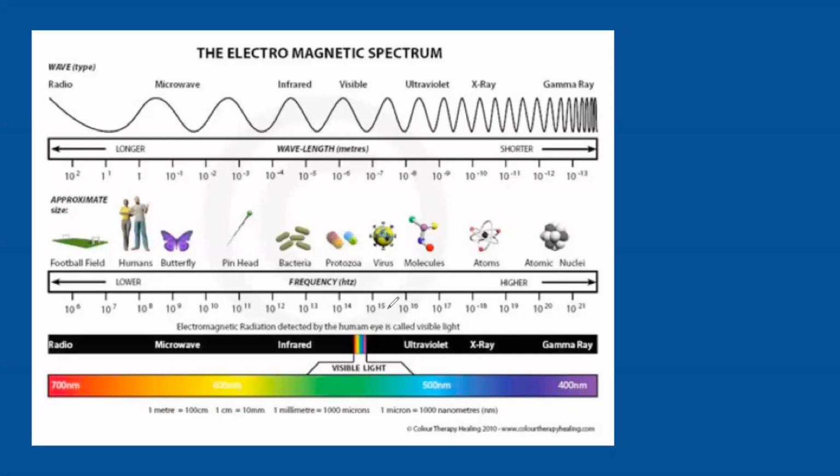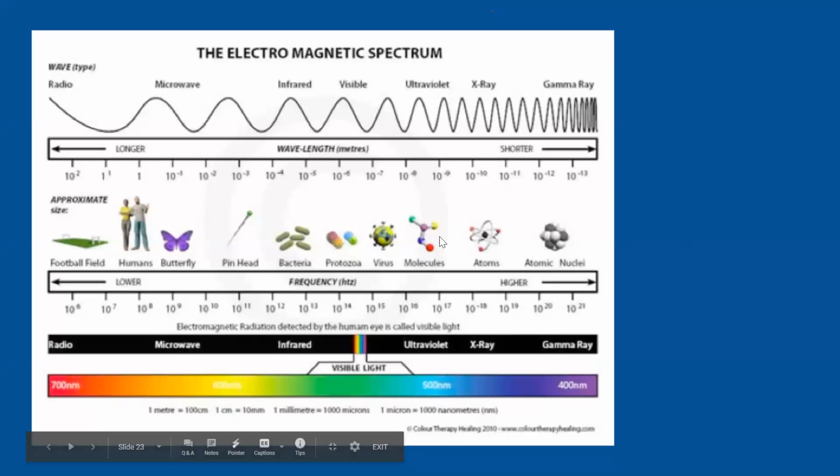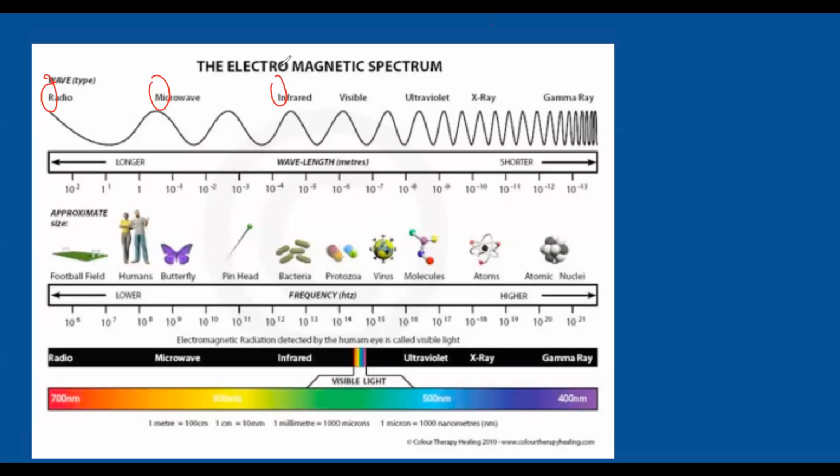So the mnemonic that we're going to use, if you guys don't know what a mnemonic is, it's just a short way of memorizing stuff based on the first letter of each word. We got RMIVUXG.